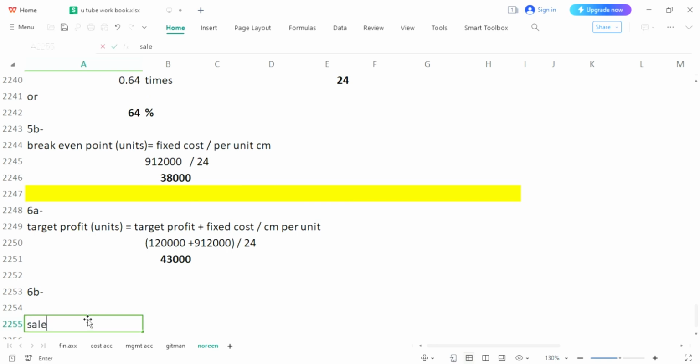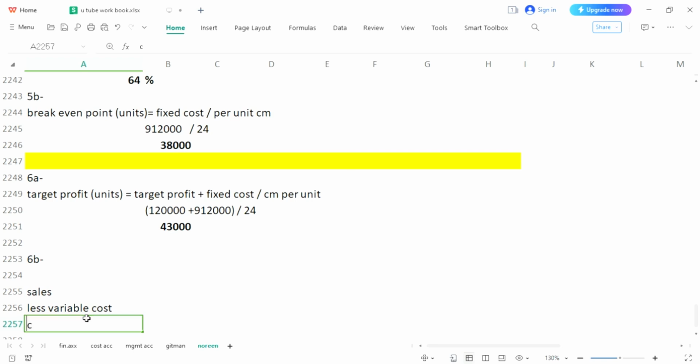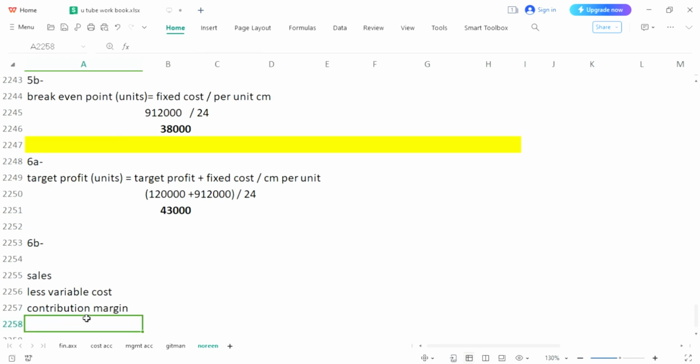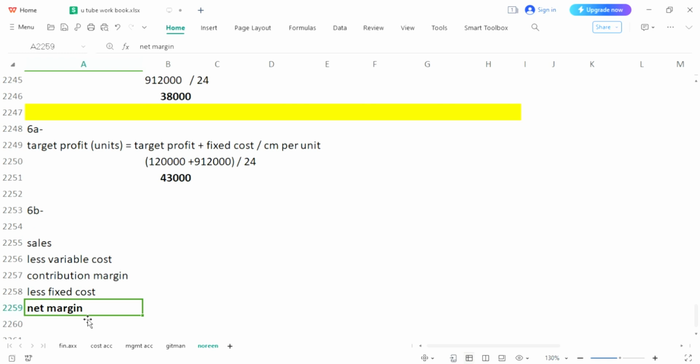First we will write sales and then less variable cost to get contribution margin, then we will subtract fixed cost to get net margin. Here we will be writing units and then per unit, after which we are going to write the amount.